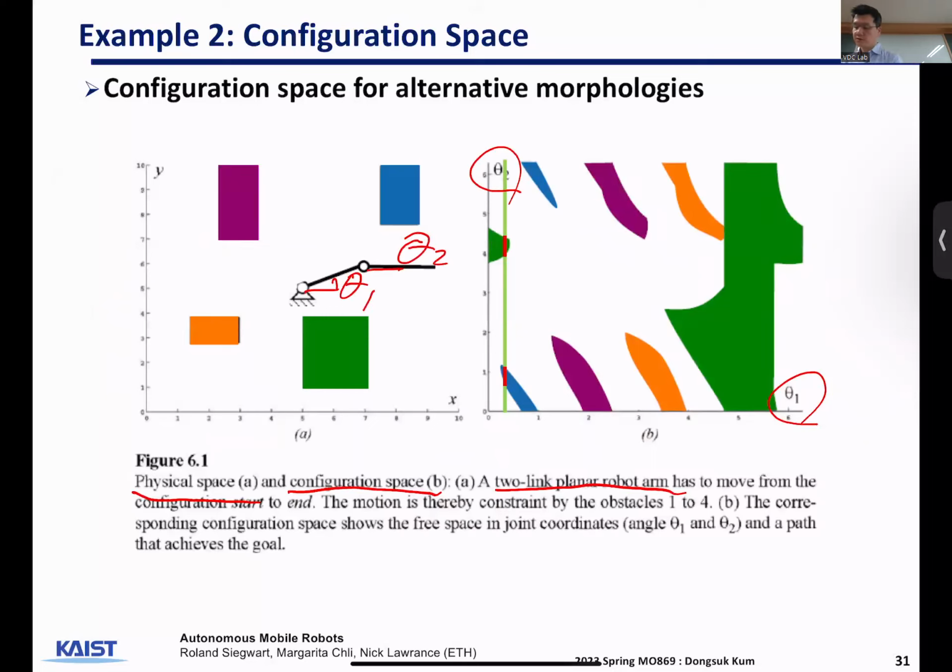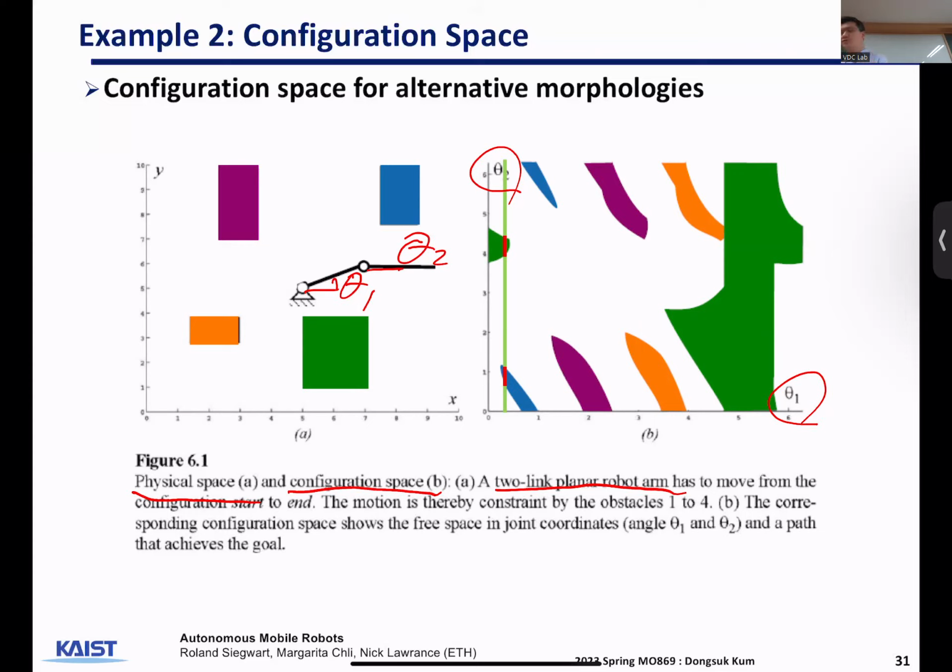Okay, so the whole idea is that we can describe this space with the, let's say, actuator dimension. And of course, there is a mapping between the actuator domain versus physical world domain, and the configuration space doesn't necessarily have to be in the physical 3D space. That's the whole point.